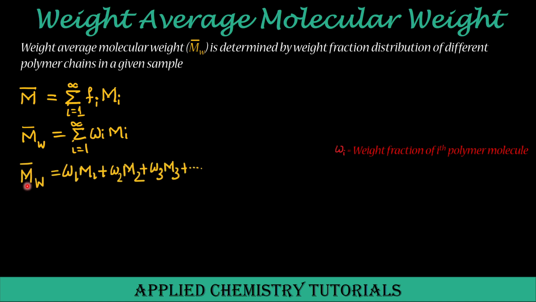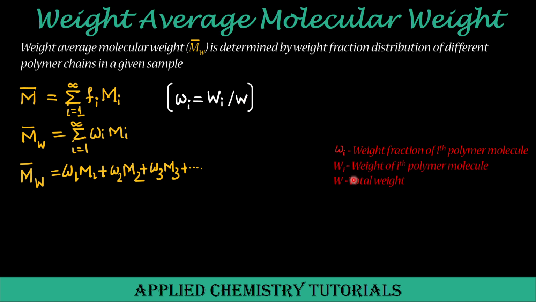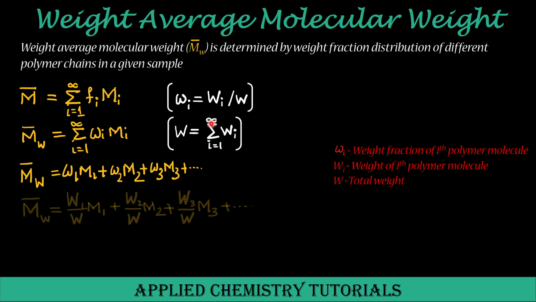So we can rewrite it as Mw bar equals w1 M1 plus w2 M2 plus w3 M3 and so on. Now small wi equals capital Wi over capital W, where capital Wi is the weight of the ith polymer molecule and capital W is the total weight. Capital W is the summation of capital Wi from i equals 1 to infinity.